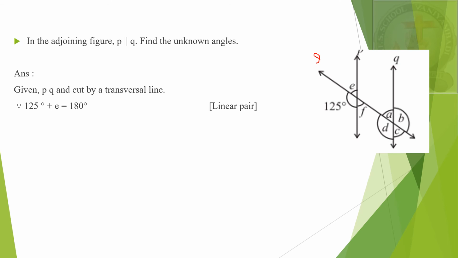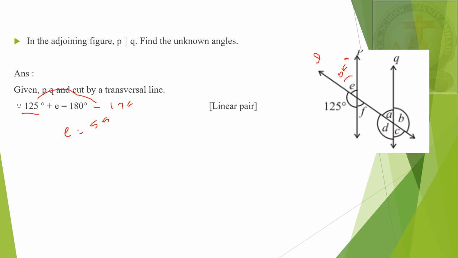You can also give another reason: they are a linear pair. The angle E and the angle 125 are a linear pair. Now if you bring this 125 to the other side, it becomes 180 minus 125, and you will get the E value, which is 55. This angle will be 55 degrees, children.